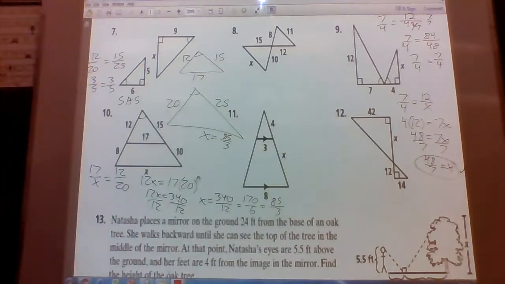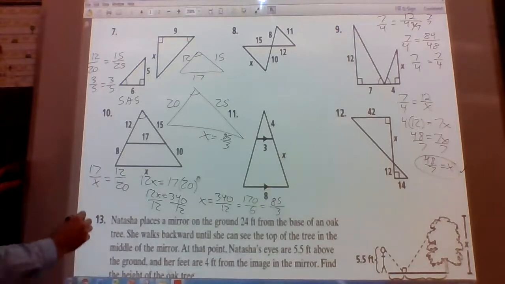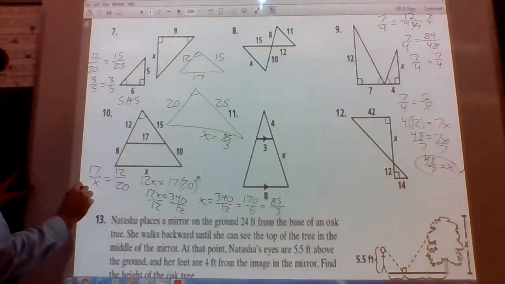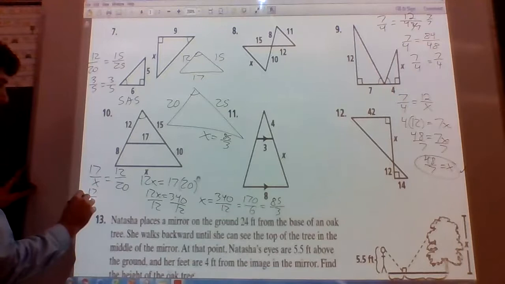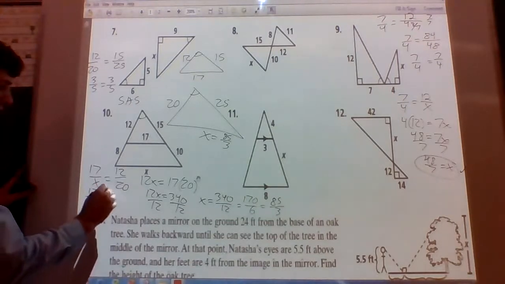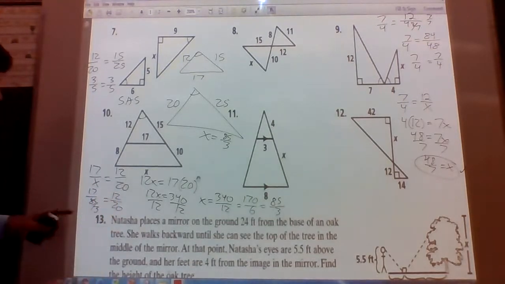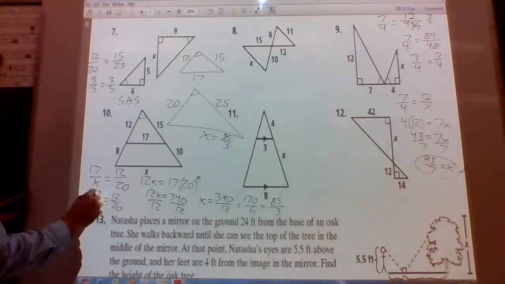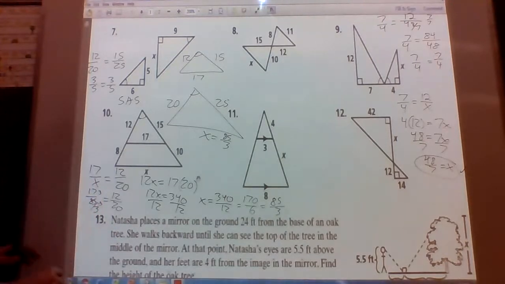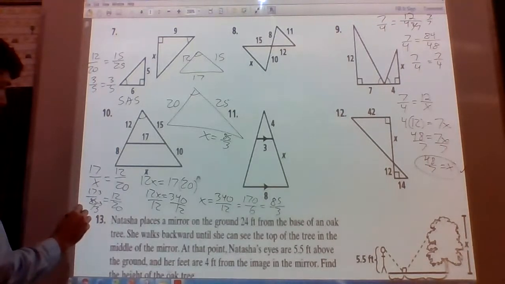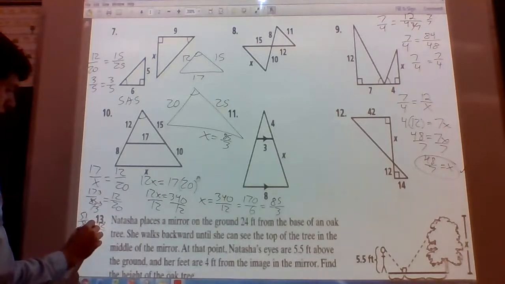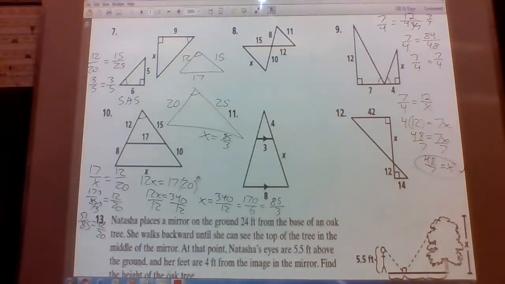If we want to check and see if it's right, let's plug it in. So 17 over 85 thirds should equal 12 over 20. Multiply by 3 over 3. That's 51 over 85. Let me just use a calculator here.